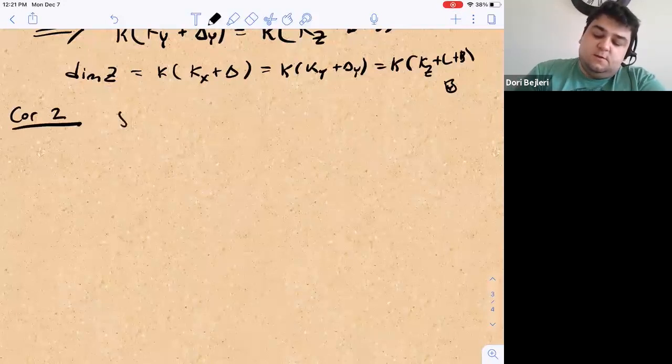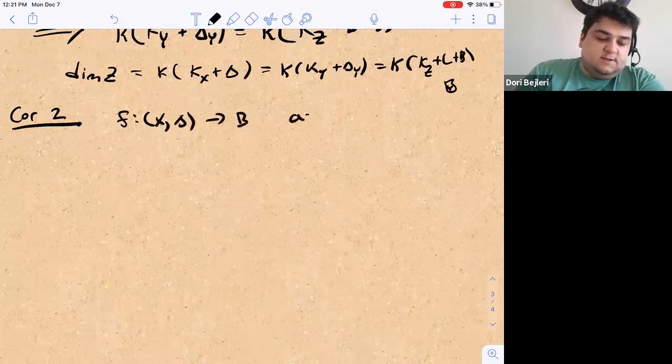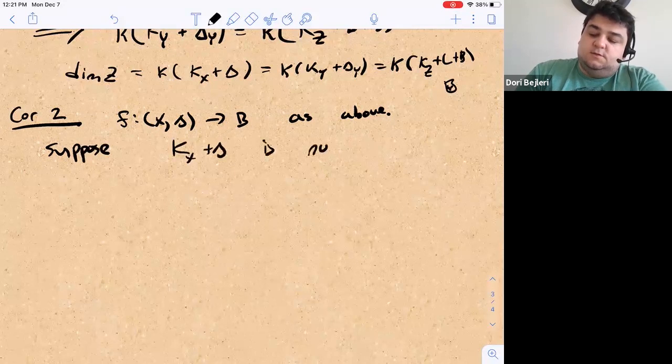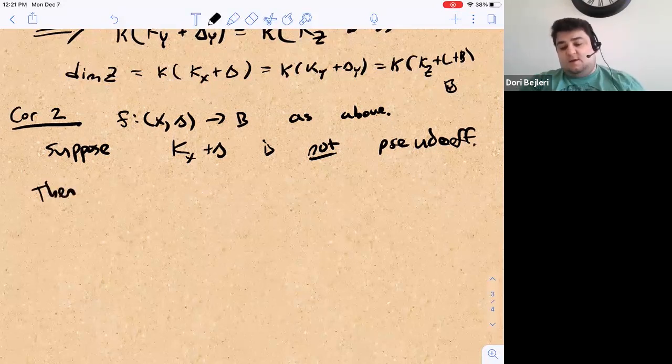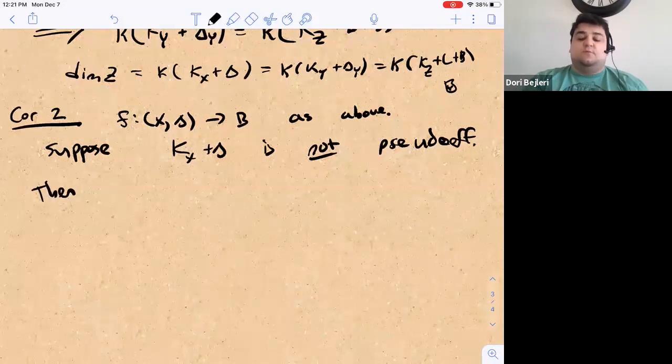So again, f from x comma delta to B as above. Suppose that kx plus delta is not pseudo-effective. Then there is a minimal model program over B such that you end up with a Mori fiber space.